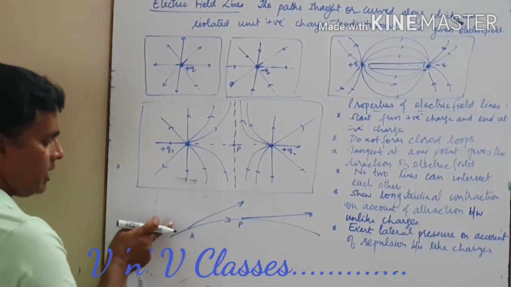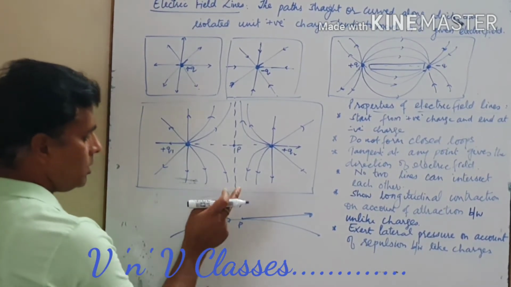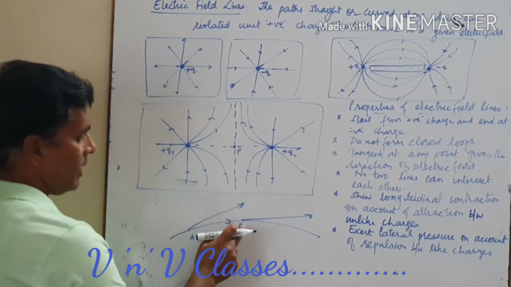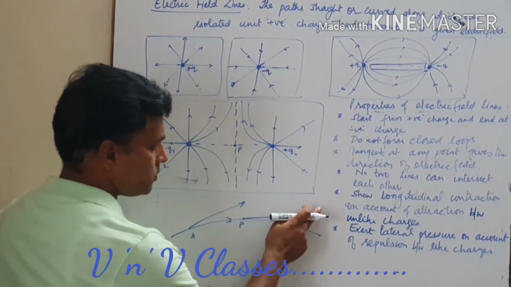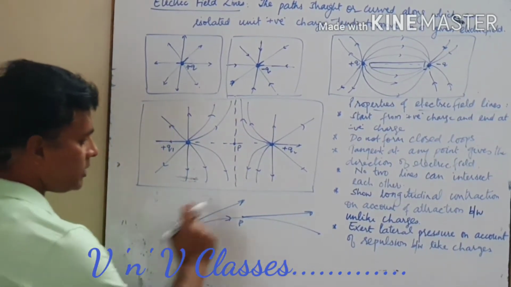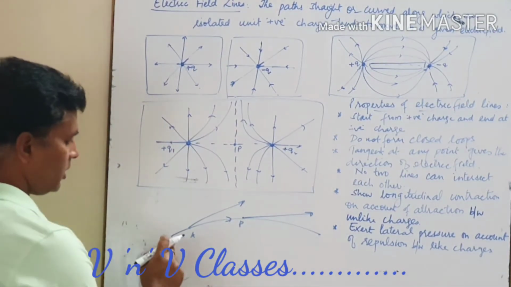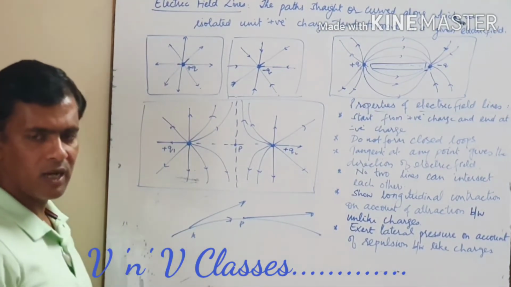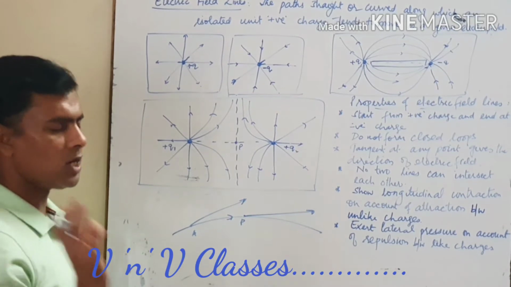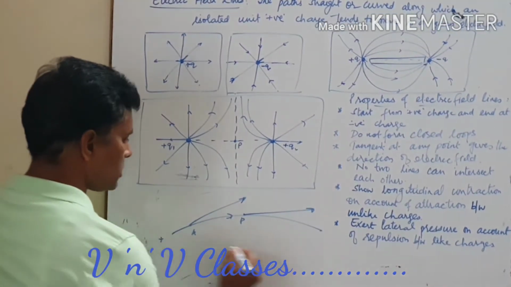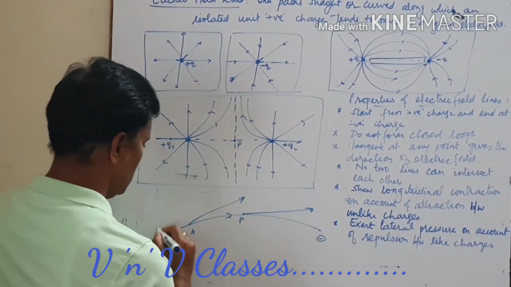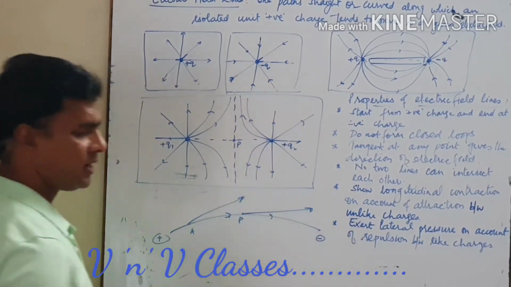At point A the field is towards this, and at point P the field is towards this. Remember, the curvature represents the presence of two unlike charges. If this is plus, then this should be minus, if this is the direction of the electric field line.